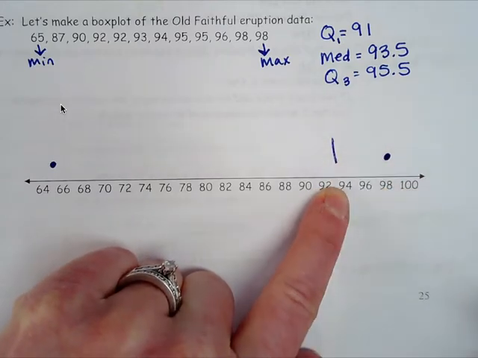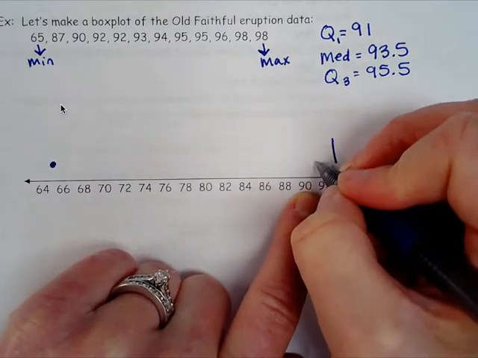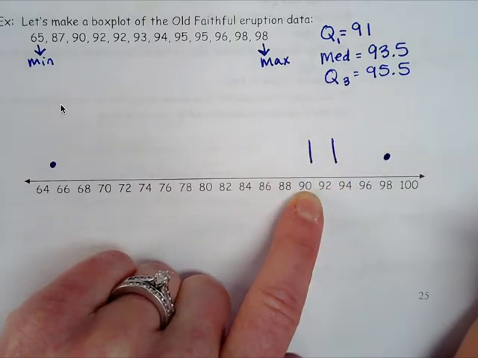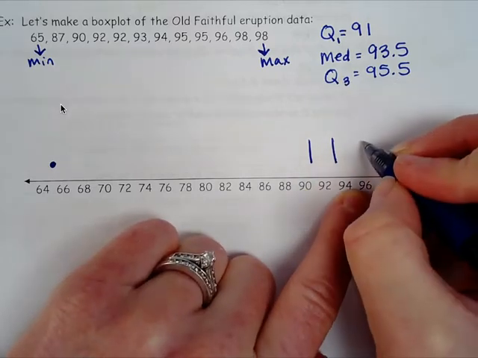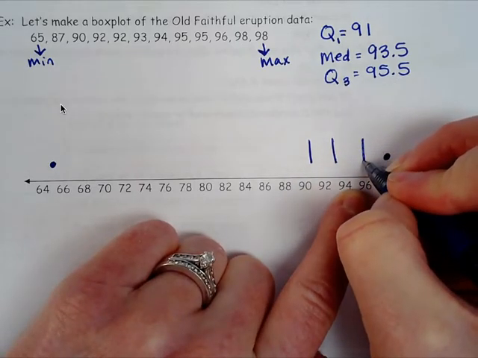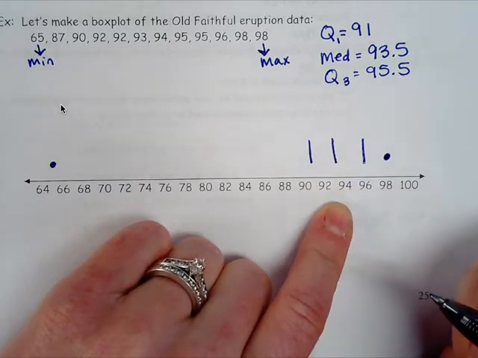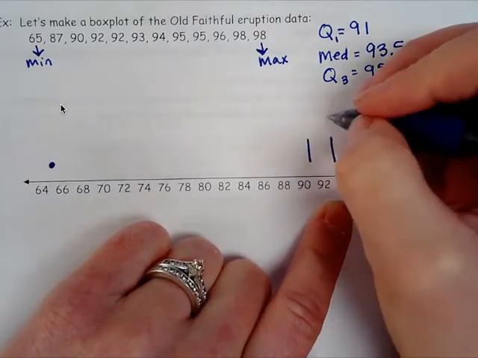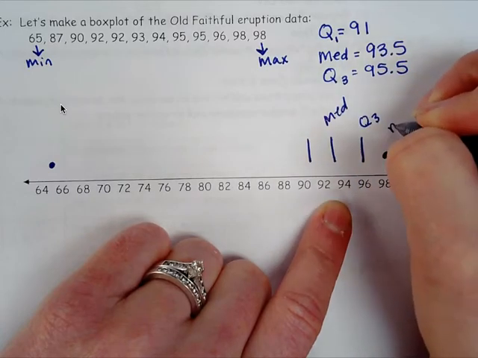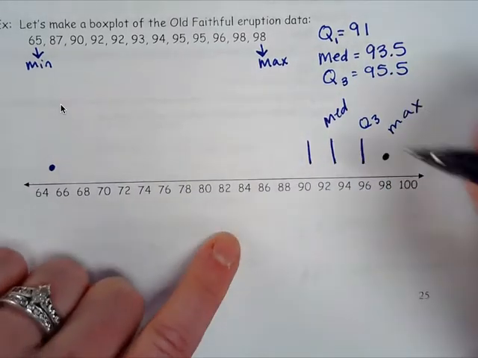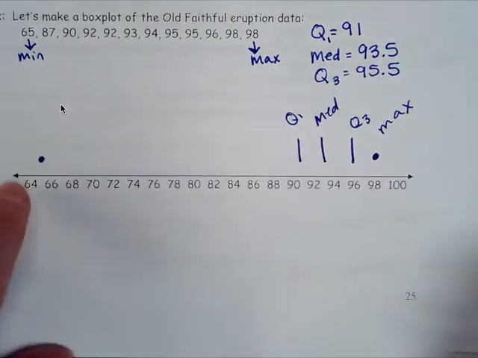Let's draw a line. Quartile 1 is 91. And then quartile 3 is 95.5. So this is median, quartile 3, max, quartile 1, and min.